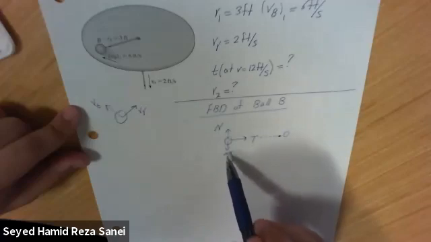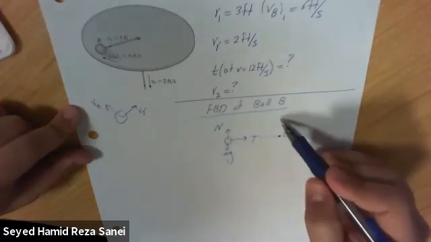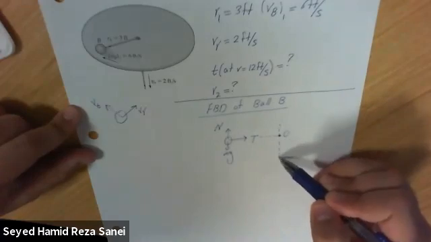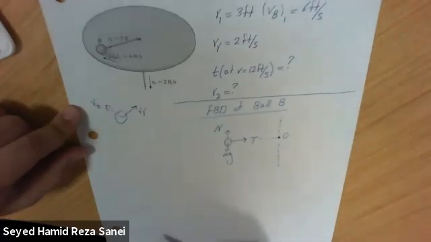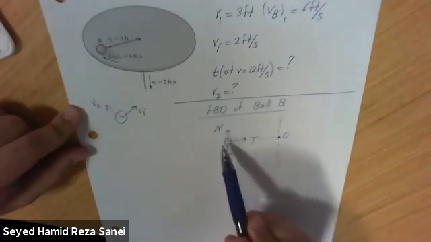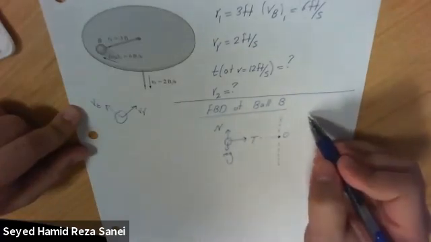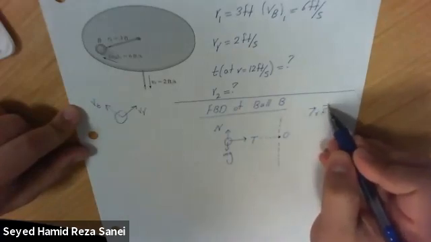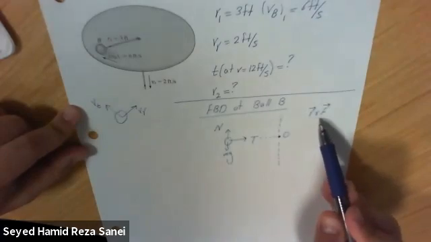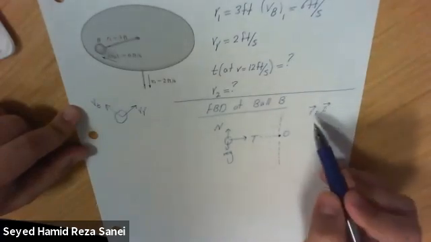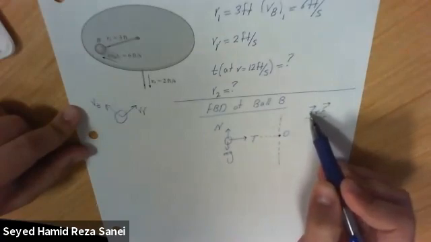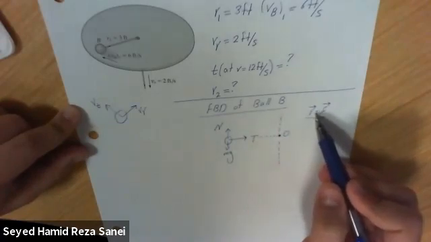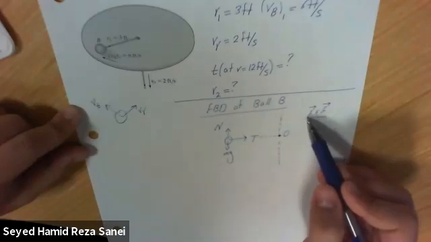N and mg are parallel to the axis of rotation, so they're not going to create any moment. Remember, the equation is R cross F. For this to have a value, first of all, there needs to be a distance R, and second, we have a cross product, so for angles 0 and 180, this value becomes 0.